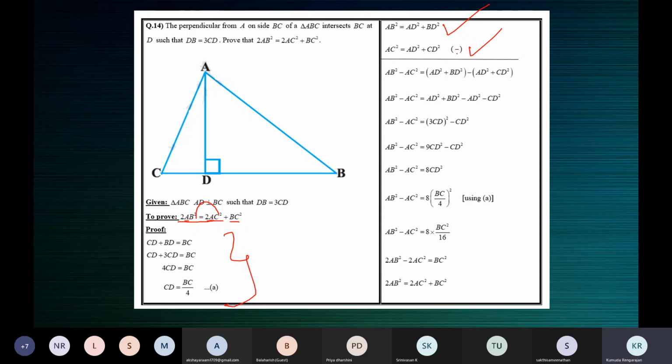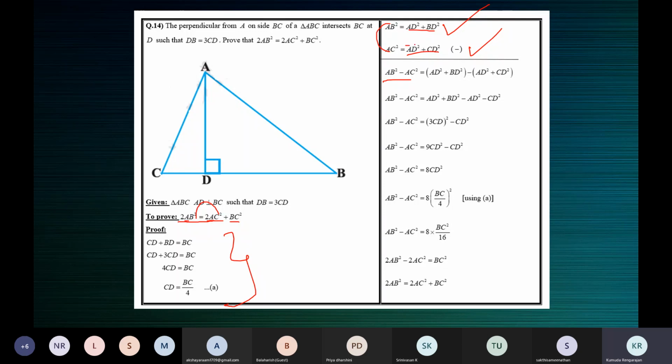subtract the two results. Am I audible, children? Yes, ma'am. Subtract the two results. So what will you get? AB square minus AC square is equal to this one minus this one. Or in other words, you change the signs here also.